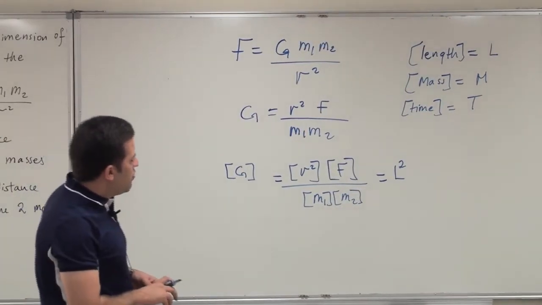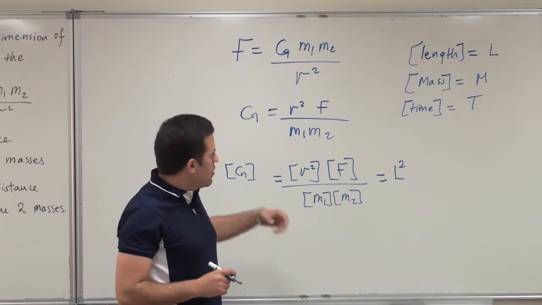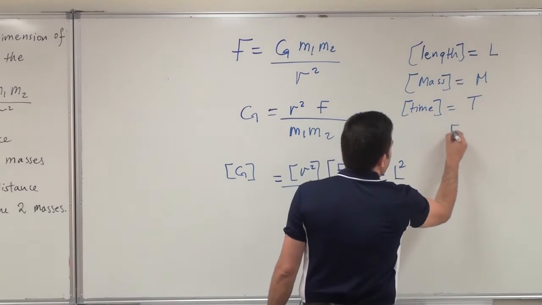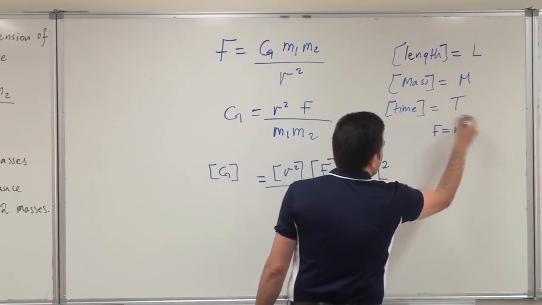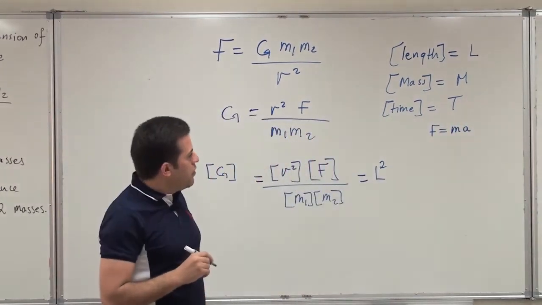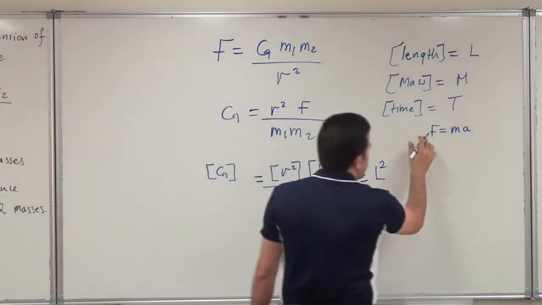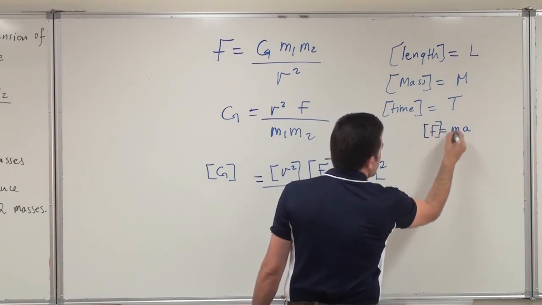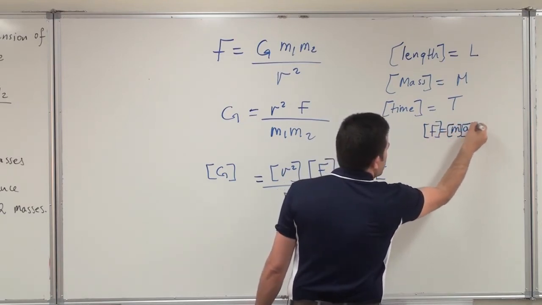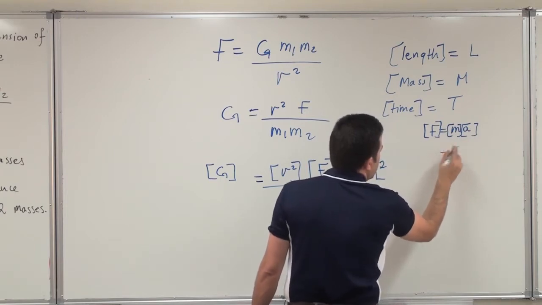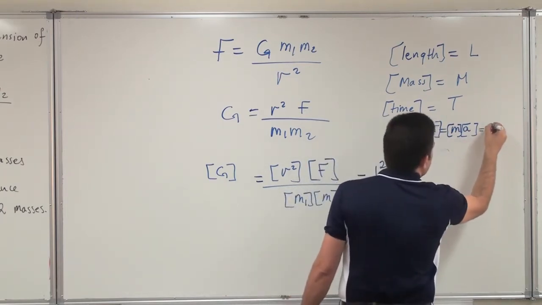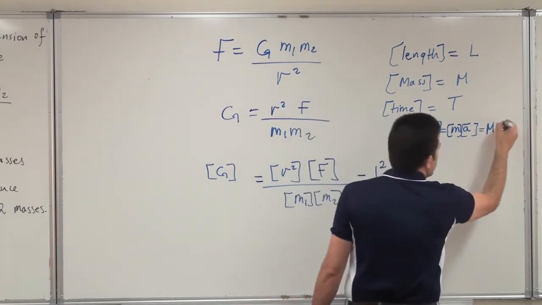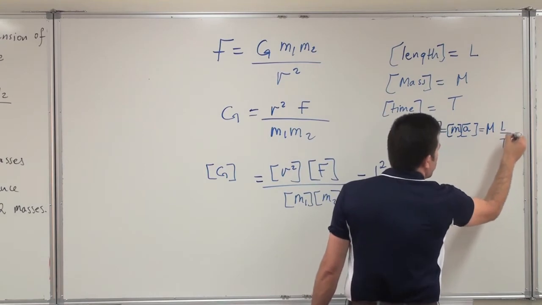However, I don't have a direct dimension of F. So if I go back to Newton's second law, F equals ma, then I can tell that the dimensions of F are made of the dimensions of m and the dimensions of acceleration, which means the dimension of m is big M, and the dimension of acceleration is length per time square.